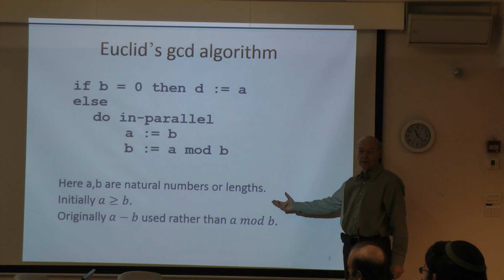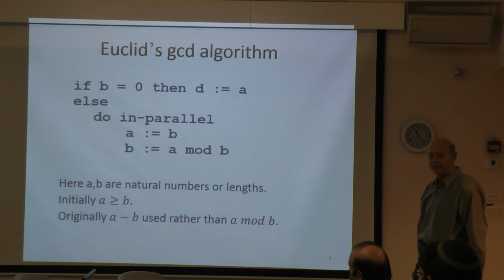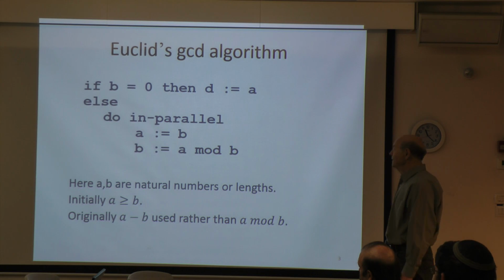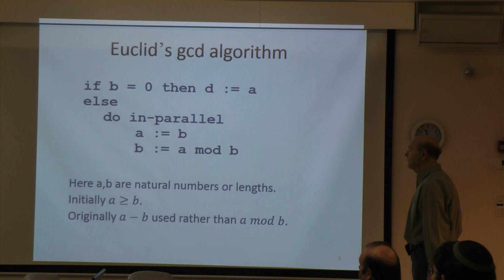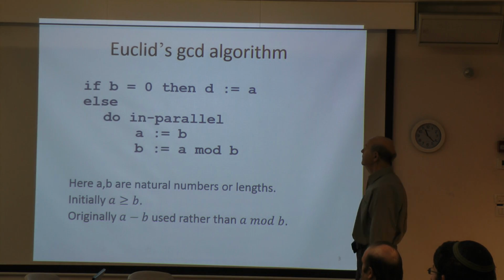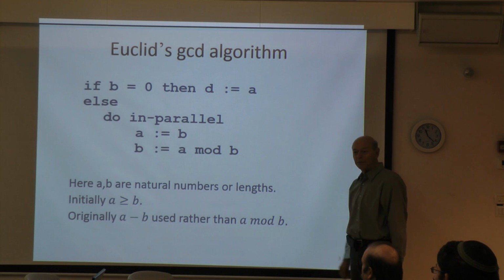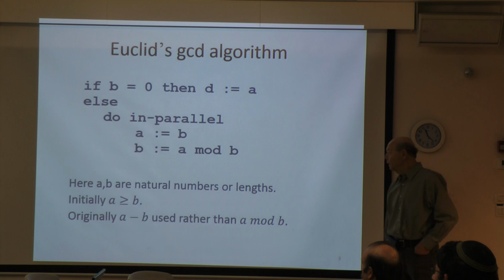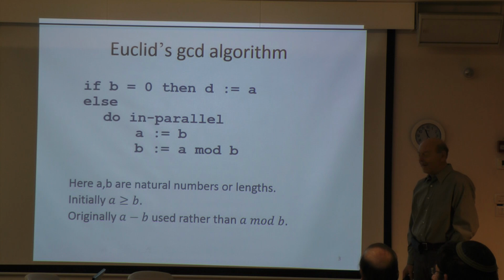There are two really different algorithms, but with one program. Suppose there are two natural numbers, A at least as big as B. If B is 0, then D, the greatest common divisor, is just A. Otherwise, you swap. It's a well-known algorithm. This is what Euclid wrote, do in parallel?